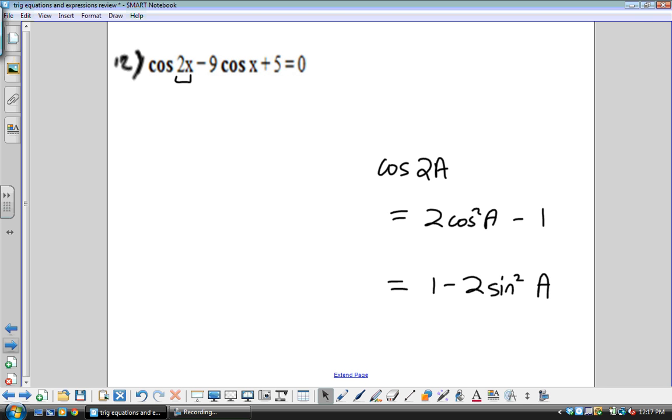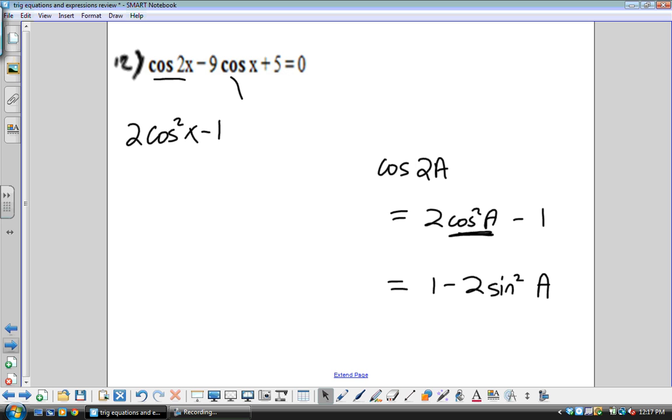So we have to decide here which one's better. Now, since the rest of the equation here has a cosine in it, the one that I want to use would be this one with the cosine squared. So I can have a nice quadratic form there. So I'm going to substitute there for cosine 2x, 2 cosine squared x minus 1.